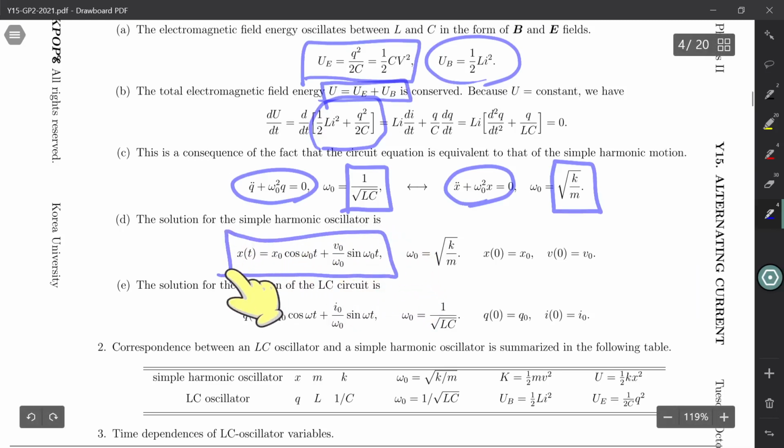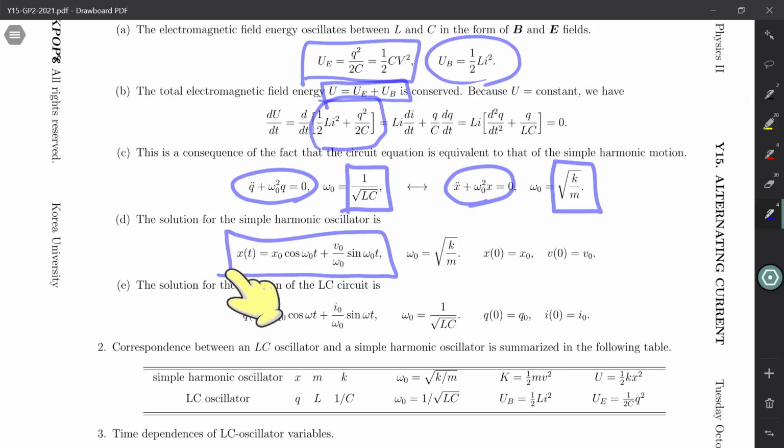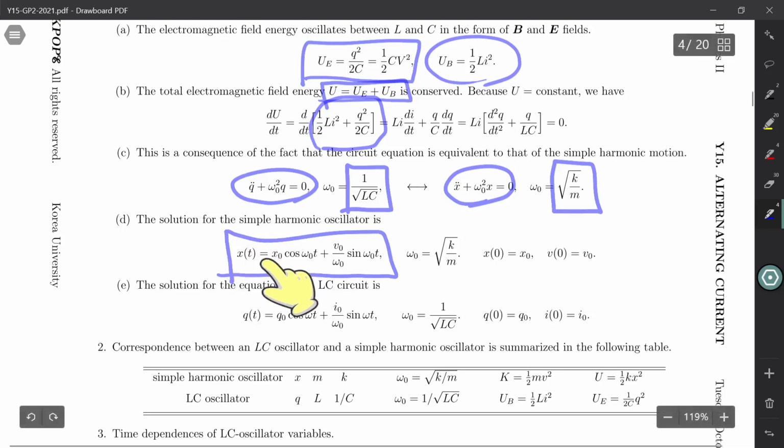This is the solution. For example, if we substitute t equals 0, this one is x0, and sine 0 is 0.